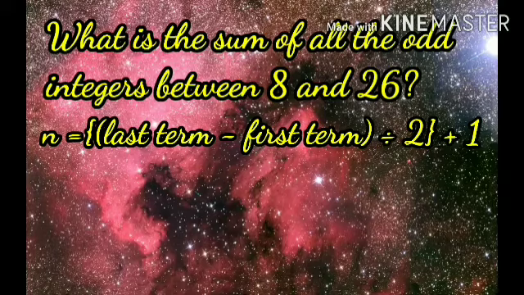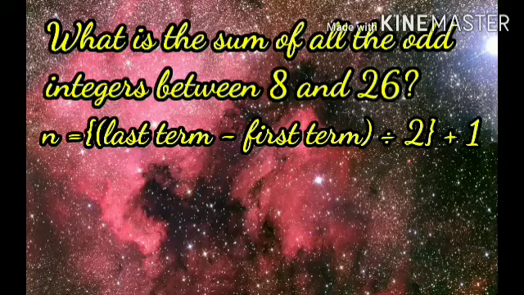Since we're looking for the sum of all the odd integers between 8 and 26, we can observe that the common difference between each term is 2. The last odd integer between 8 and 26 is 25, while the first integer between these two given numbers is 9.